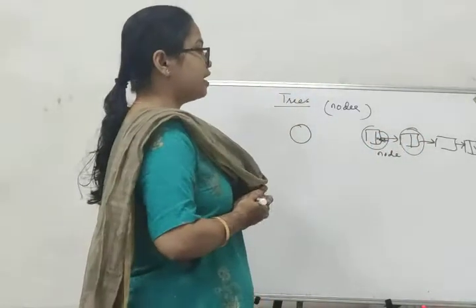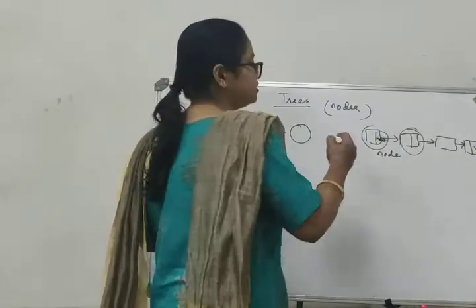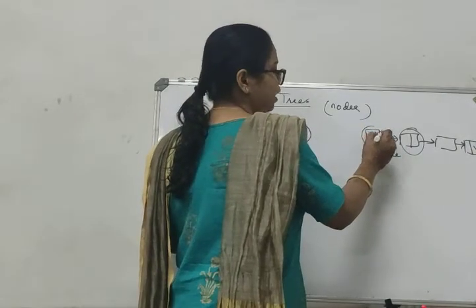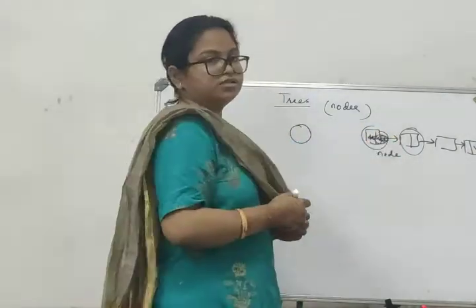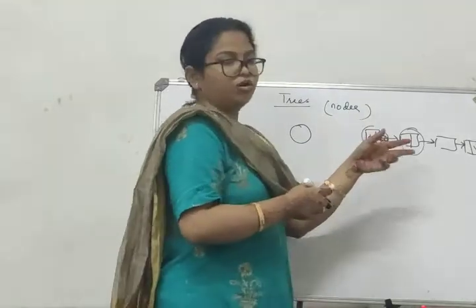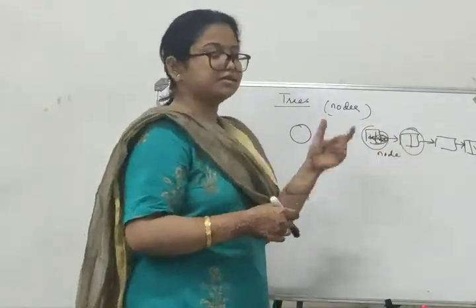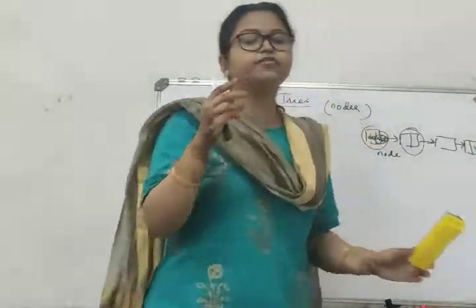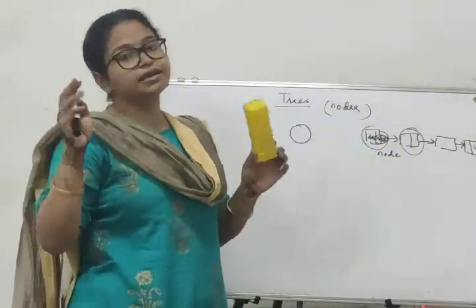A node has two fields: one is data, another one is next, which is a pointer to the next node. This way these nodes are connected, and we call the connected nodes a linked list.